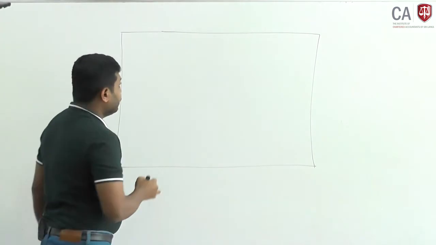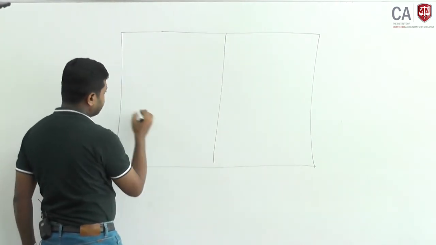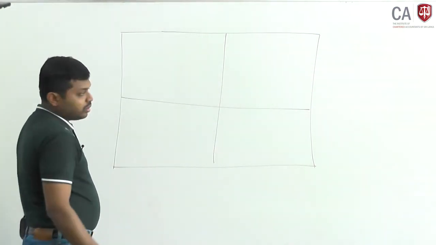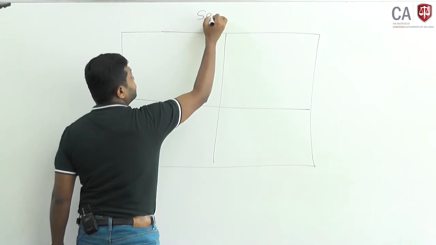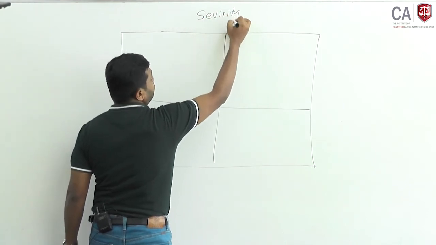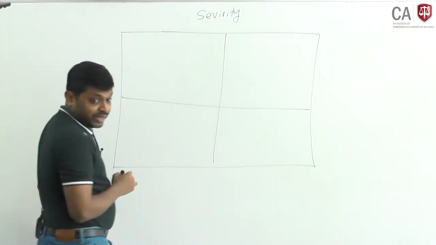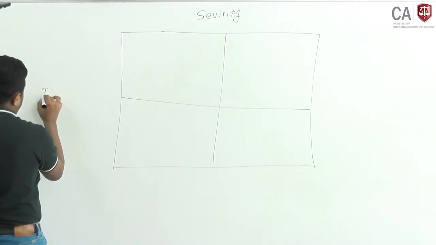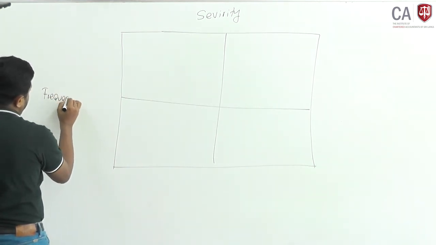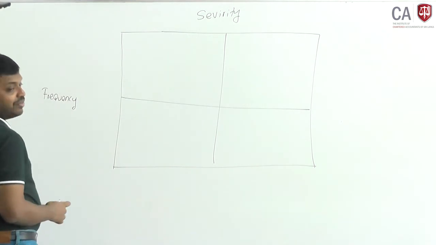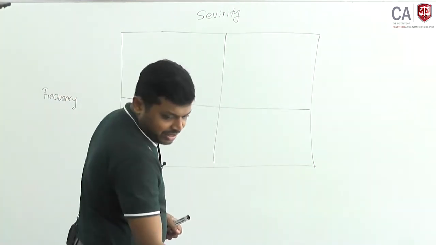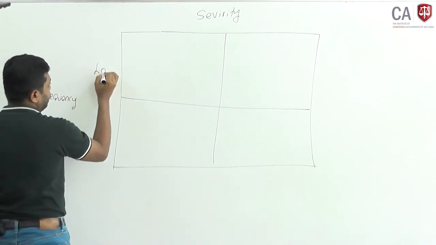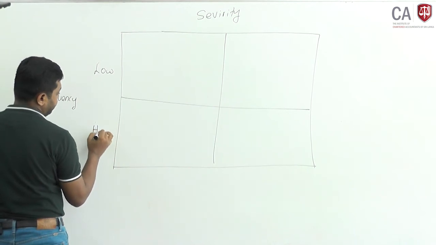Okay. There are 4 options available. You have to look at the severity of the risk and the frequency of the risk. Severity and frequency. The frequency can be either low or high.